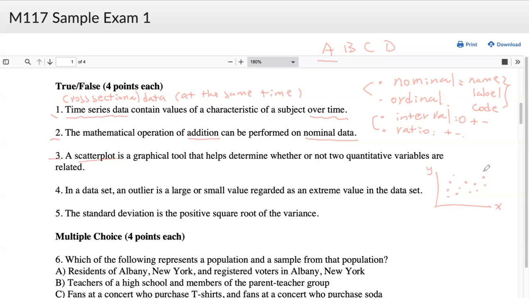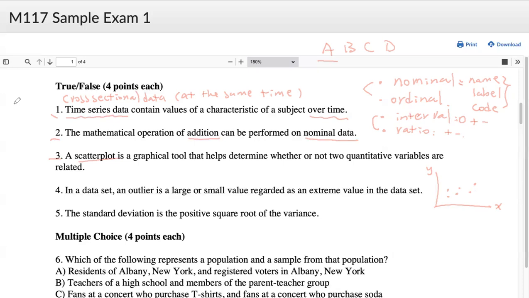If a scatter plot is all over the place, we see no obvious relationship. A scatter plot measures the relationship between two variables. It is a graphical tool that helps determine whether or not two quantitative variables are related.